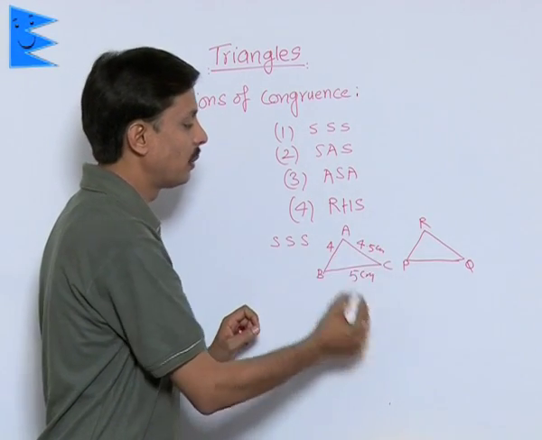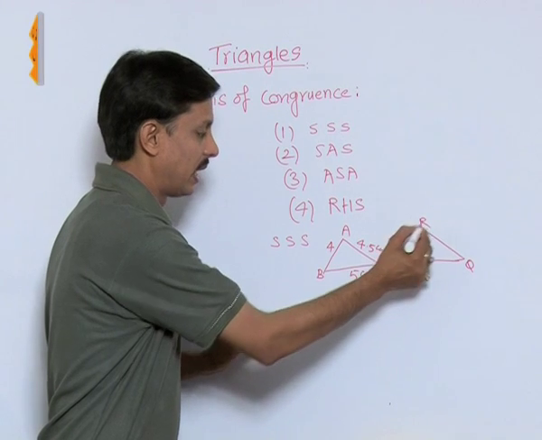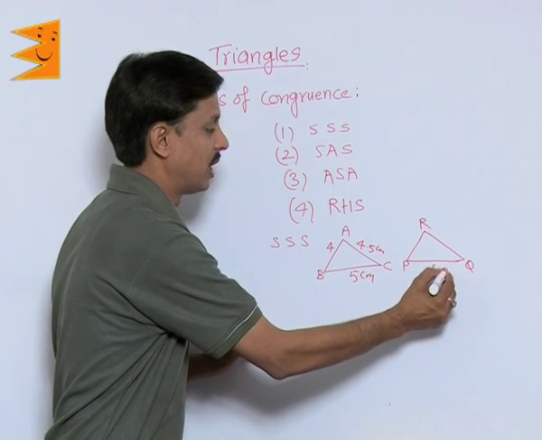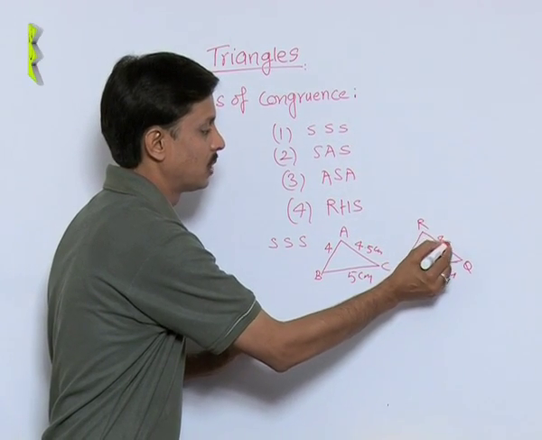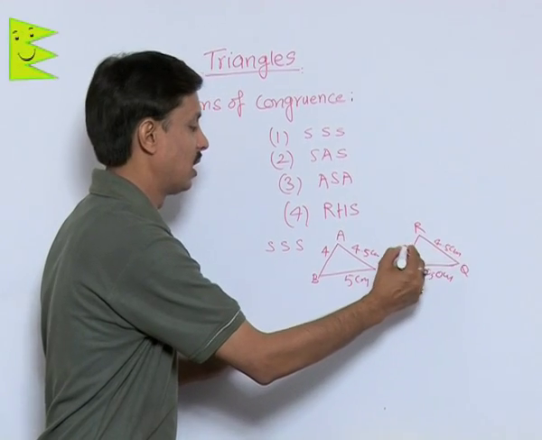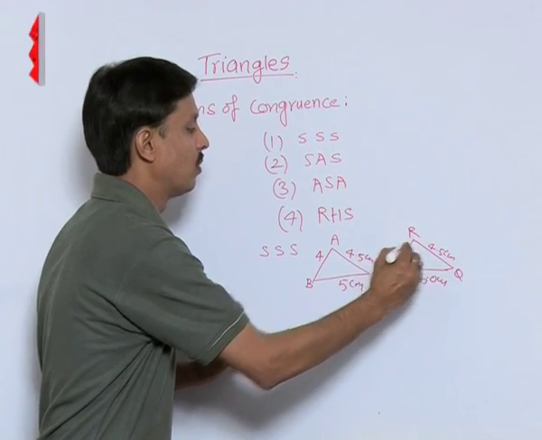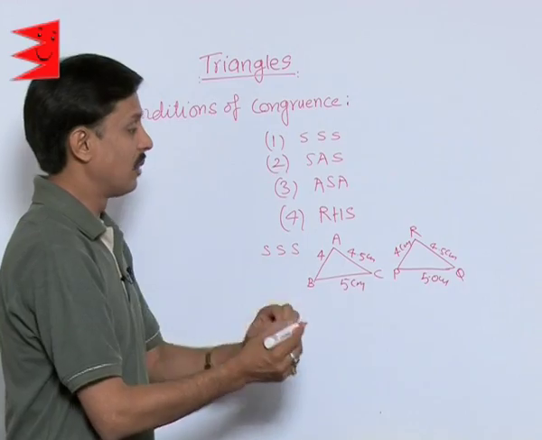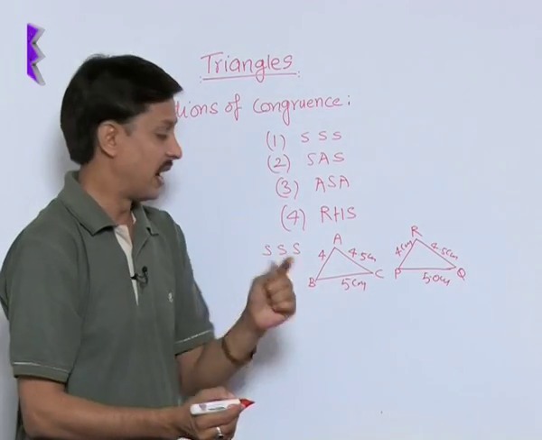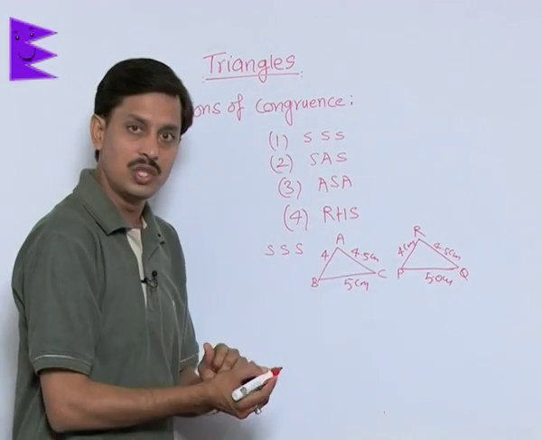Similarly, the lengths of the sides of the other triangle are 5 centimeter, 4.5 centimeter and 4 centimeter.